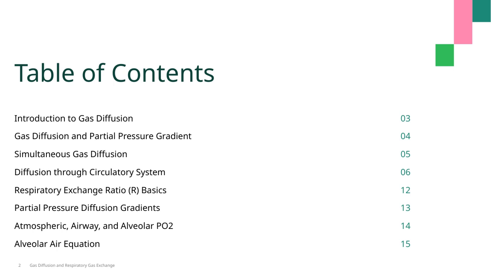This helps us understand how alveolar oxygen levels change under different conditions. All these concepts tie together to give us a comprehensive picture of how gases move in and out of our body, ensuring our tissues get the oxygen they need and waste gases are expelled efficiently.